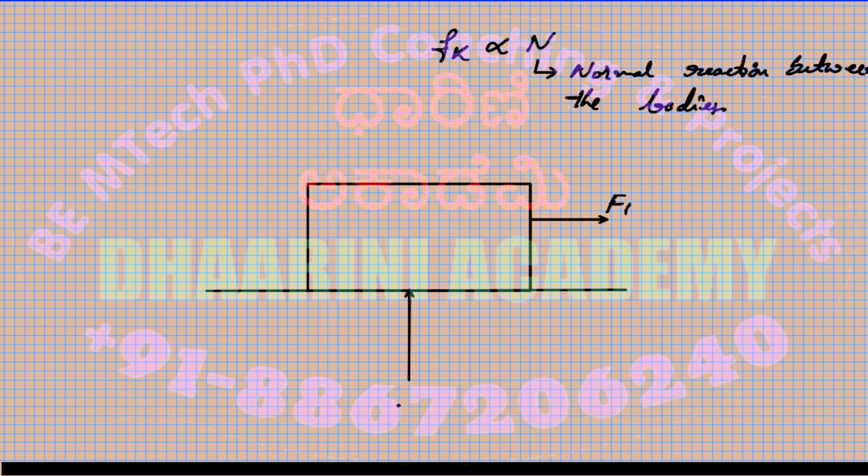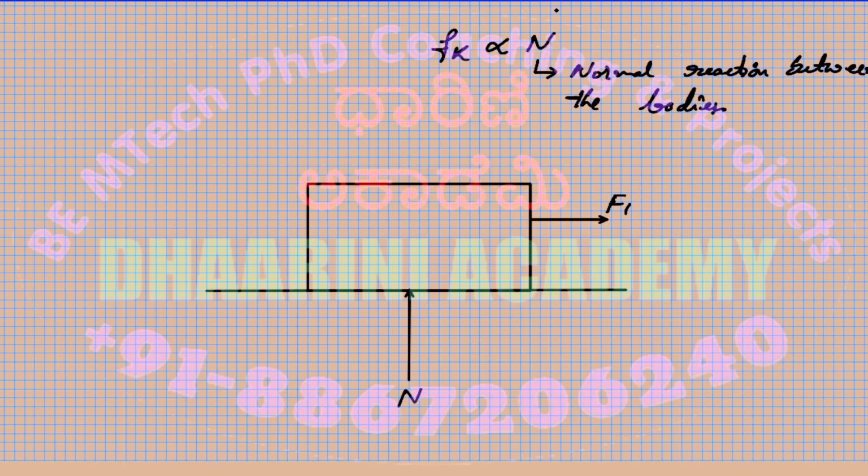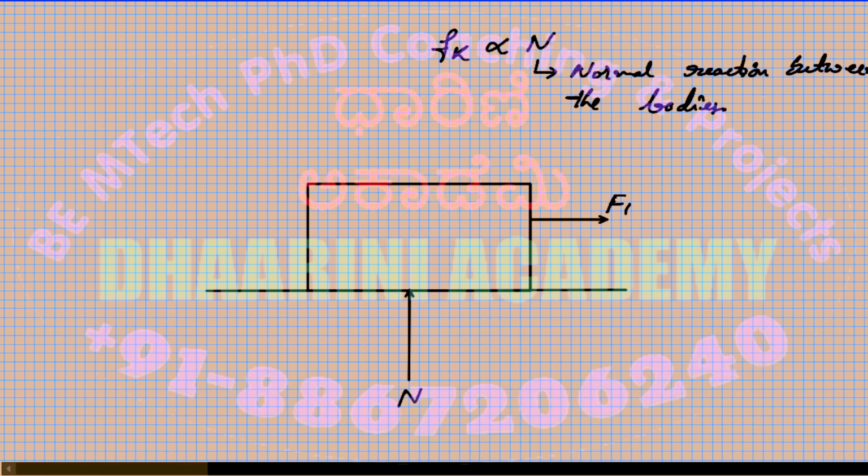There is a normal force N between the two bodies, and if the upper body tries to move to the right side, there is a friction. I'll change the color for friction. So there is a friction acting in this direction. Let me assume this is how the friction acts. I'll denote it Fk, kinetic.